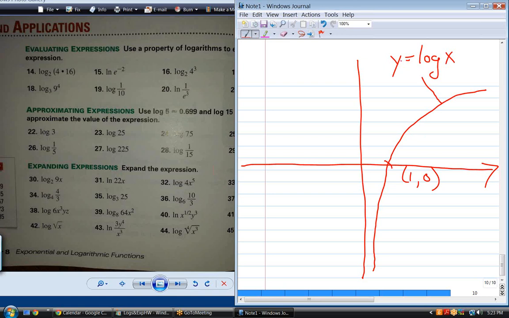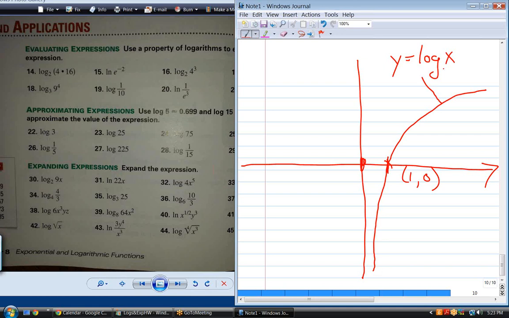If you take the log of a number x that's between 0 and 1, in other words, between those two numbers there, you get a negative answer. And the closer the x is to 0, the greater negative you get.